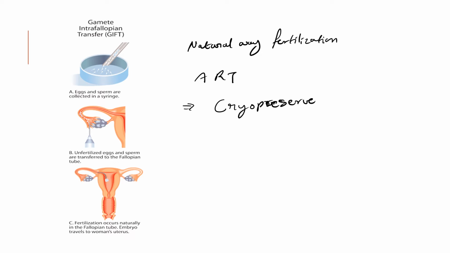So this is one way of assisted reproductive technique or ART, where the gametes are transferred in the fallopian tube. That is called GIFT, or gamete intrafallopian transfer.